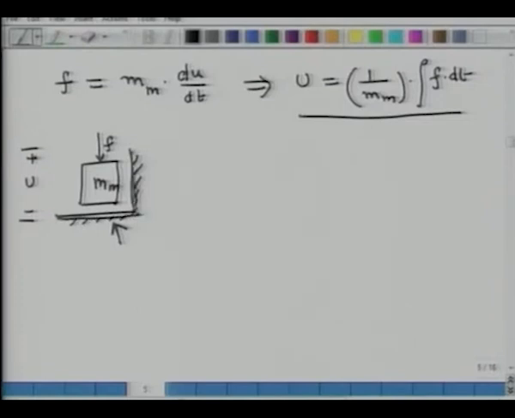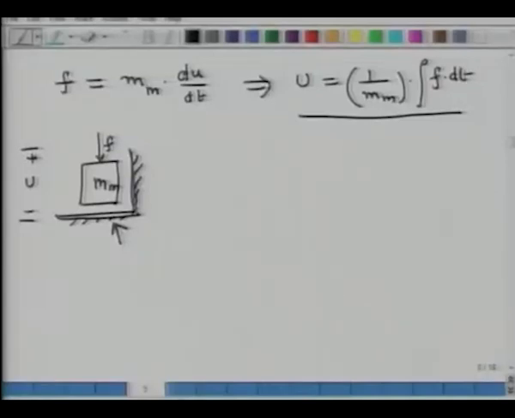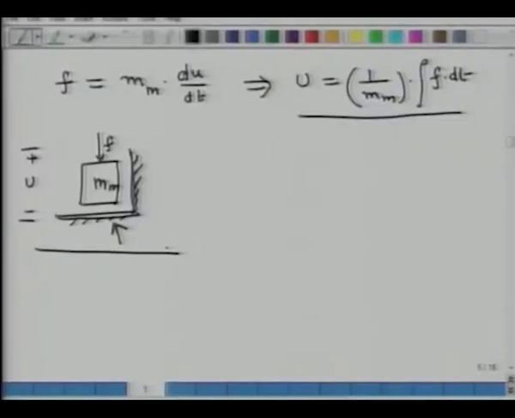So this is one difference, because whenever we measure acceleration, we measure it with respect to an inertial frame. So I have drawn an inertial frame here. So whenever you have a mass in a system, when you try to convert it into something similar to a capacitor, you always have to provide a reference in an inertial frame. This is important.